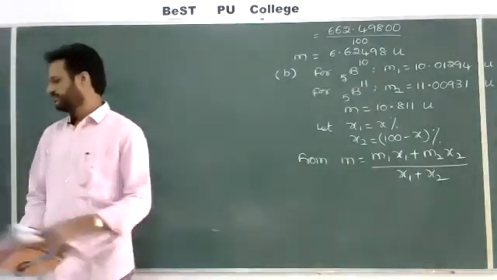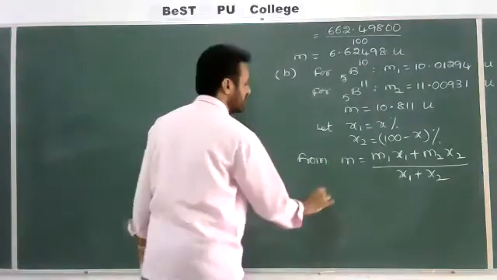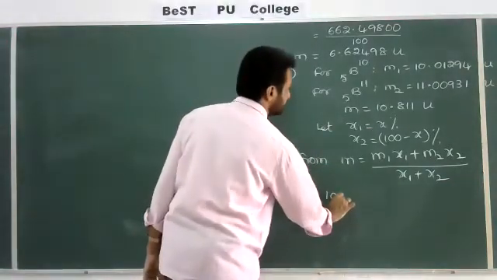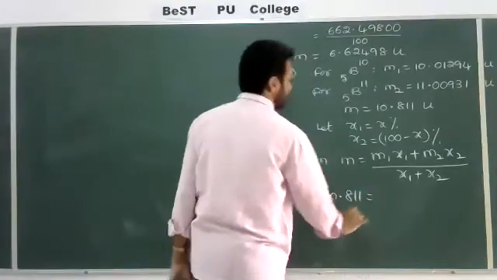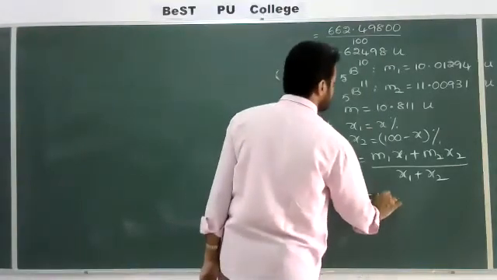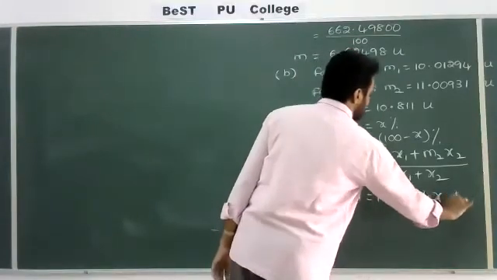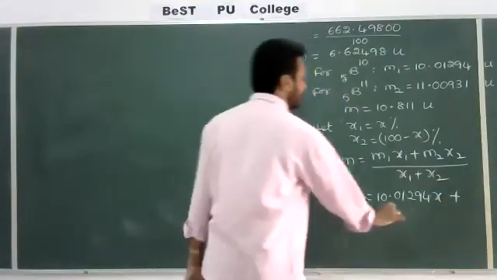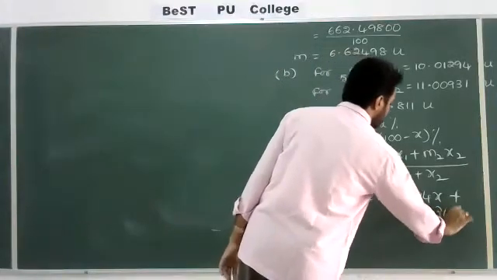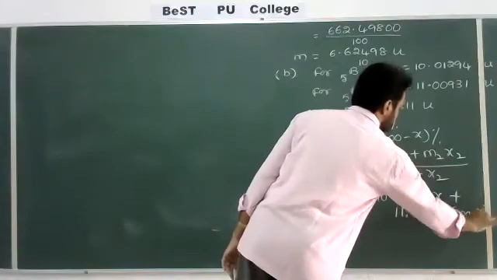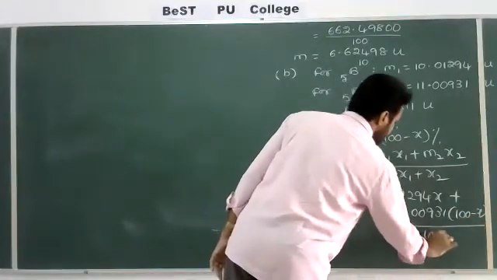Now substitute the values. The average atomic mass m is already given as 10.811, equal to 10.01294 into x plus 11.00931 into (100 minus x), whole divided by x plus (100 minus x).